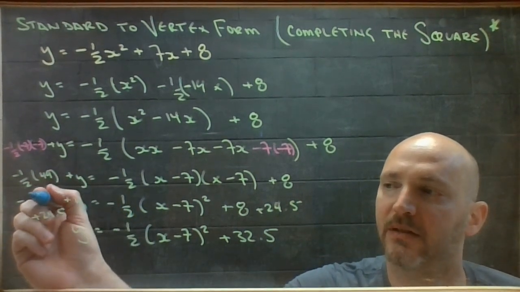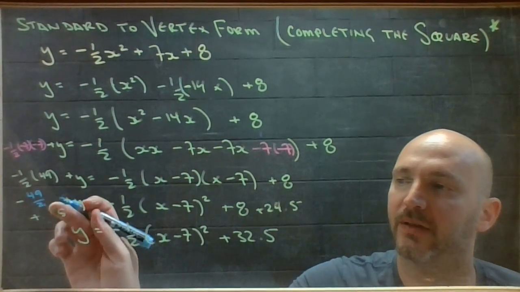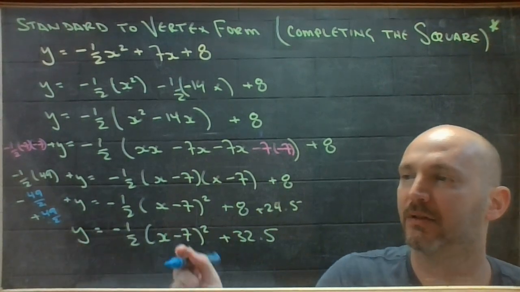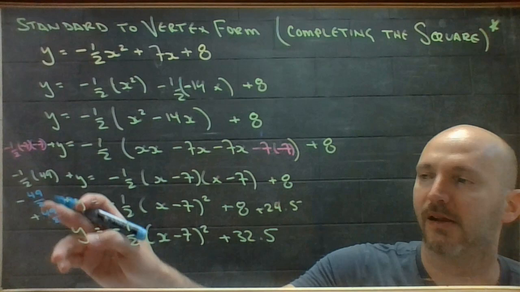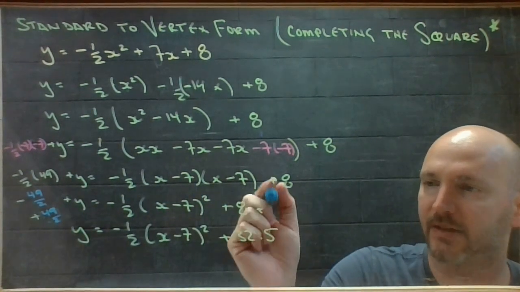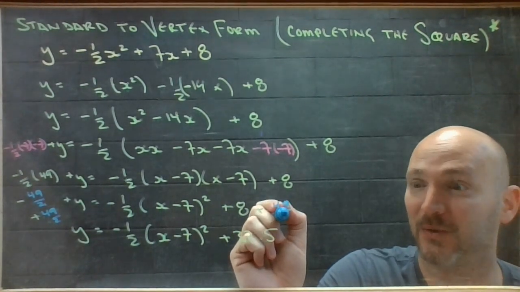So that would be 49 divided by 2. This would be 49 divided by 2. I added that to both sides in this line, so that's 49 over 2.